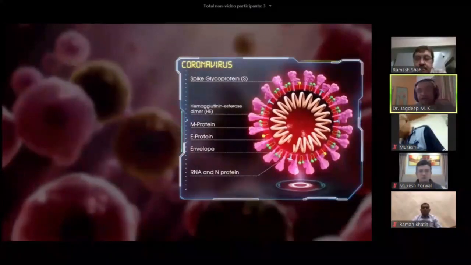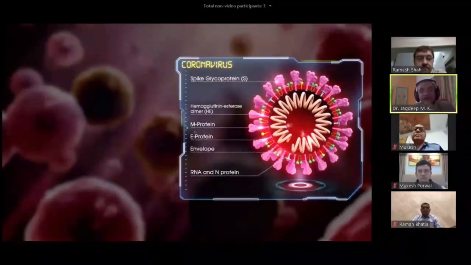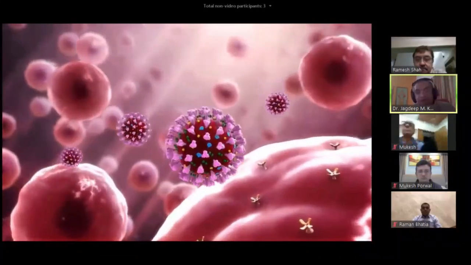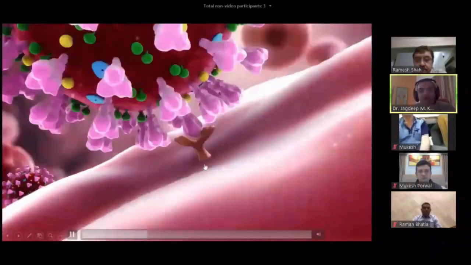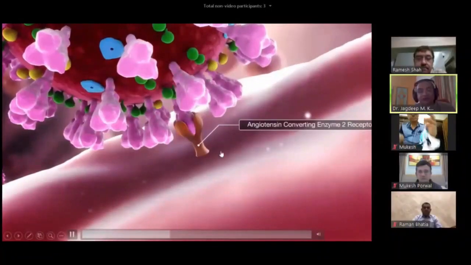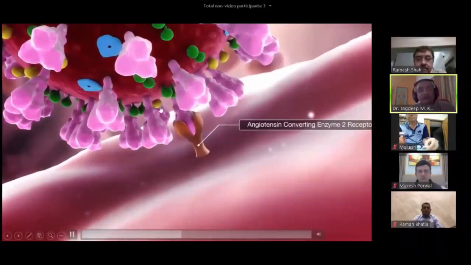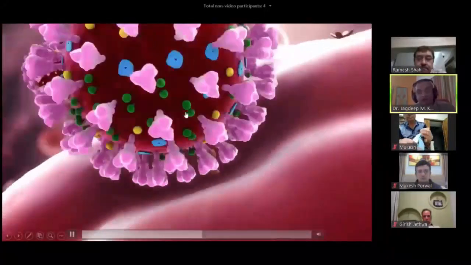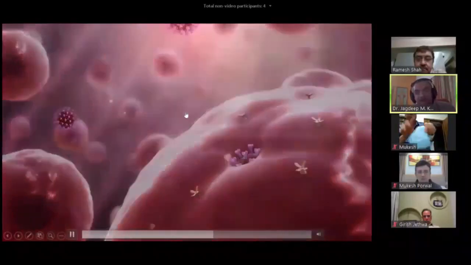Right. So this is how. It's a good 3D animation so that we know how the virus enters. Now, on the goblet cell of the throat mucosa, there is a receptor known as the angiotensin converting enzyme 2 receptor, which believes that this is the enzyme, not the virus. So it immediately hooks it up and takes it into the cell. So this is endocytosis.